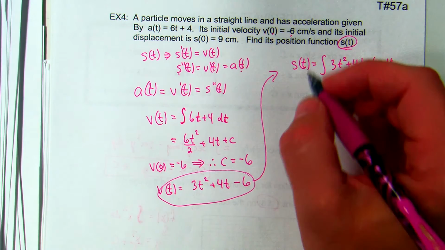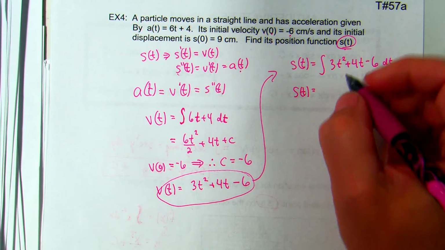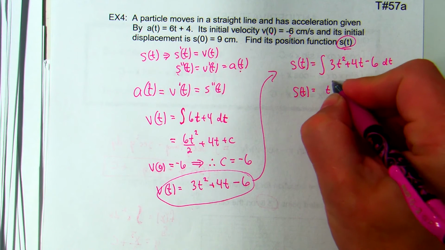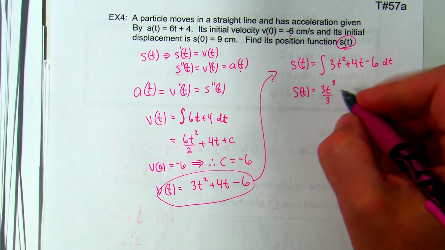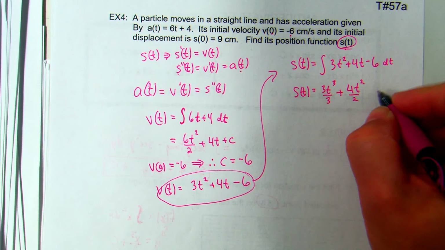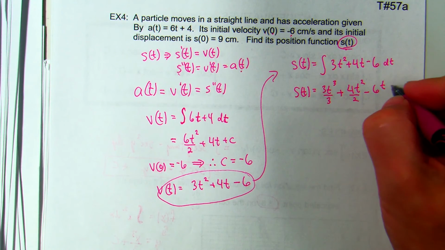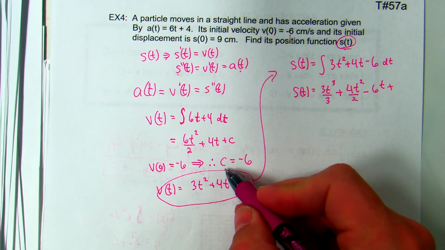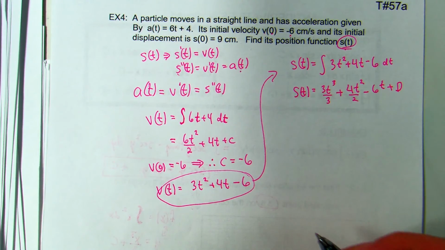So now s of t is going to equal 3t cubed all over 3 plus 4t squared all over 2 minus 6t plus, we don't want to use c because we already used it, so let's use d, plus d.